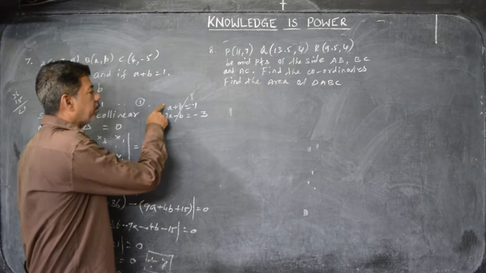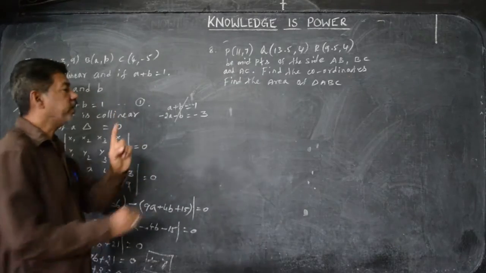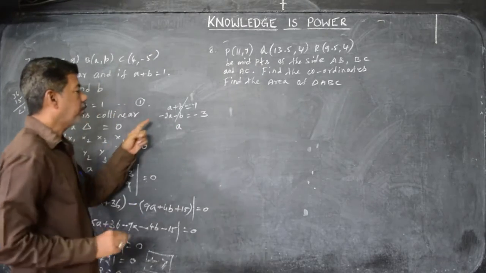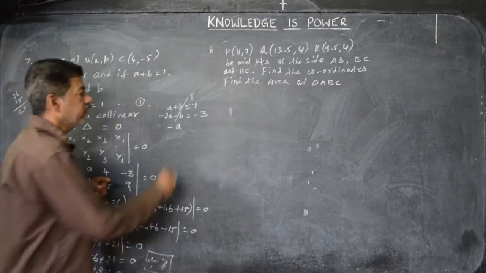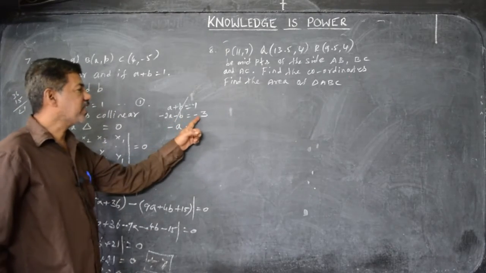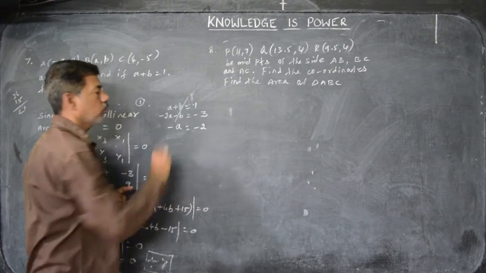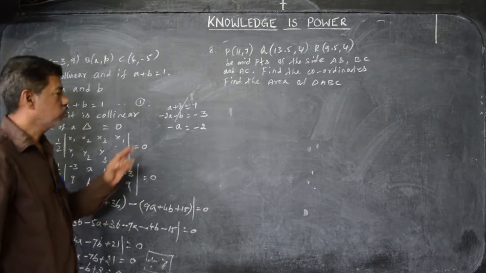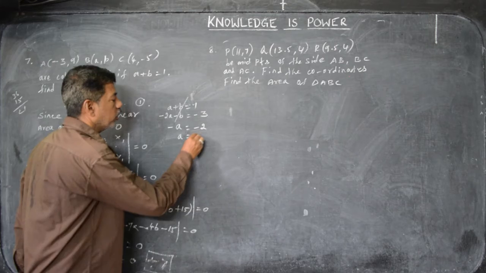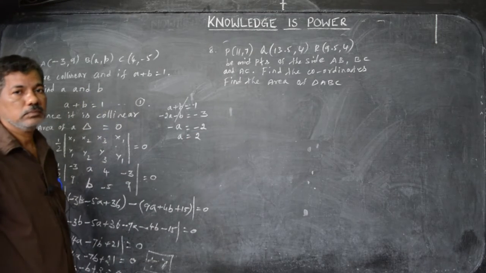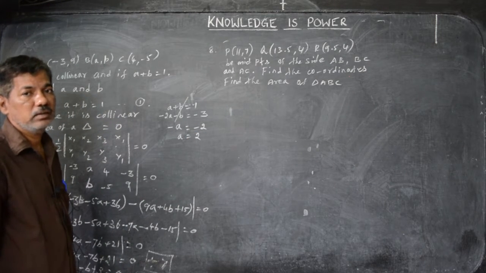Minus 2a plus a is minus 1a, that is minus a, since minus is greater. It's clear? Then minus 3 minus 1 is minus 4... since both are minus, cancel. Therefore a equal to 2. It's clear?